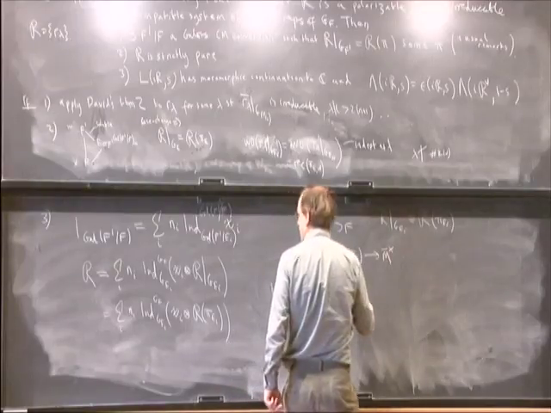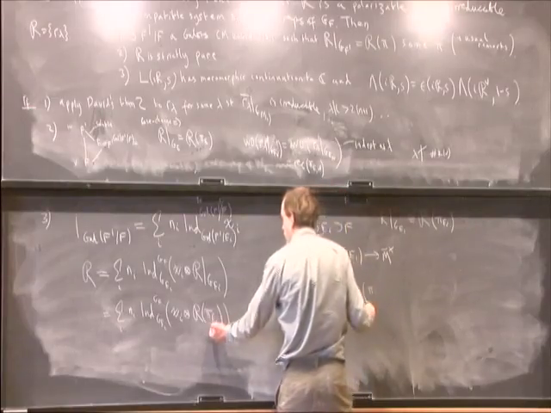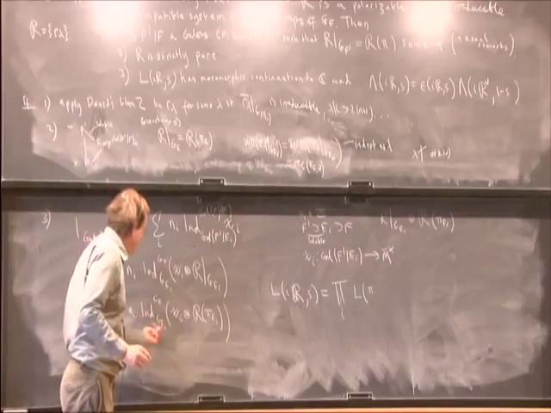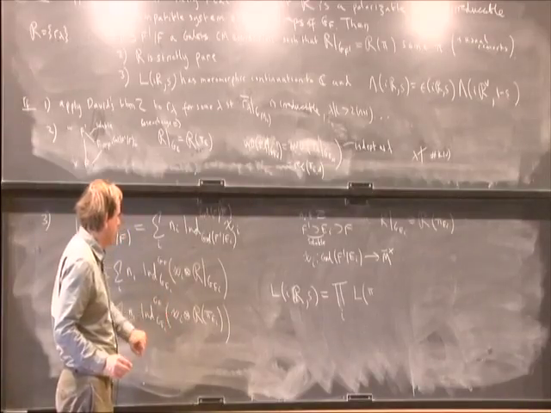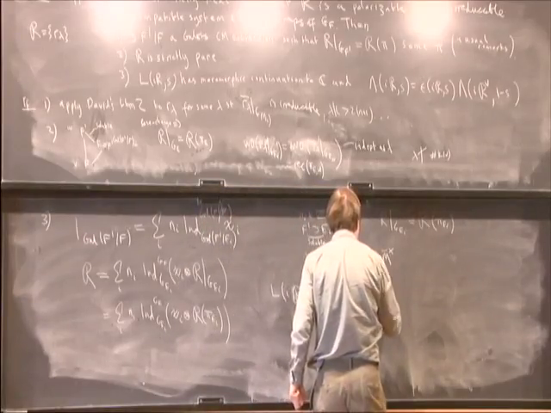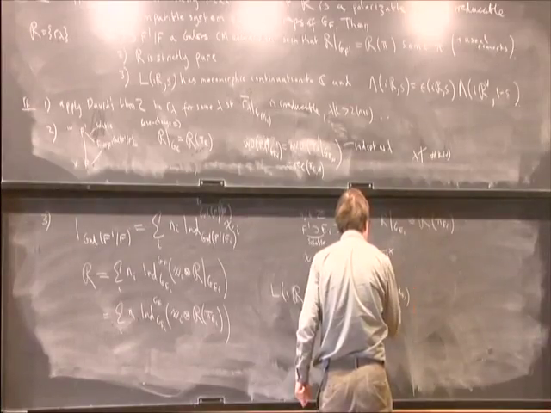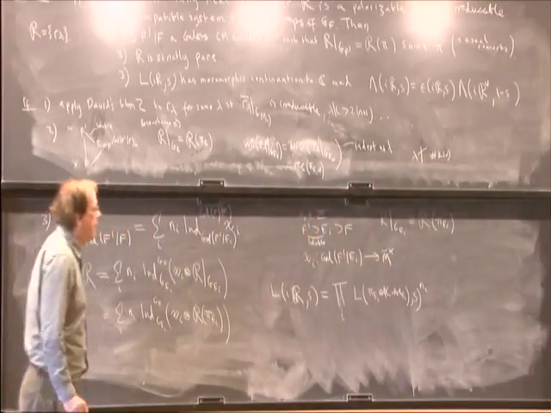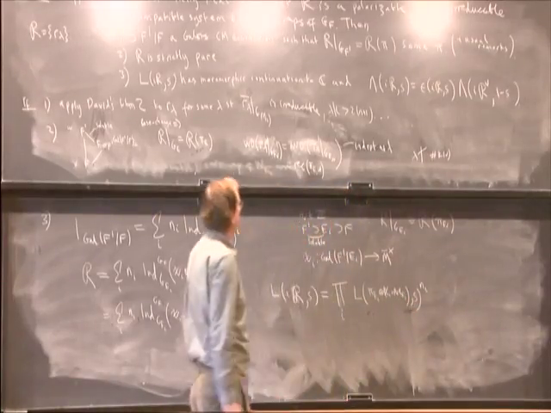Product over i of the L function of this thing to the n_i-th power, but the L function of the induction is just the L function before I do the induction, and then this is an automorphic L function, so this is L of pi e_i, twisted by chi_i composed with the Artin map, of s to the n_i. So this has holomorphic continuation to the whole complex plane.